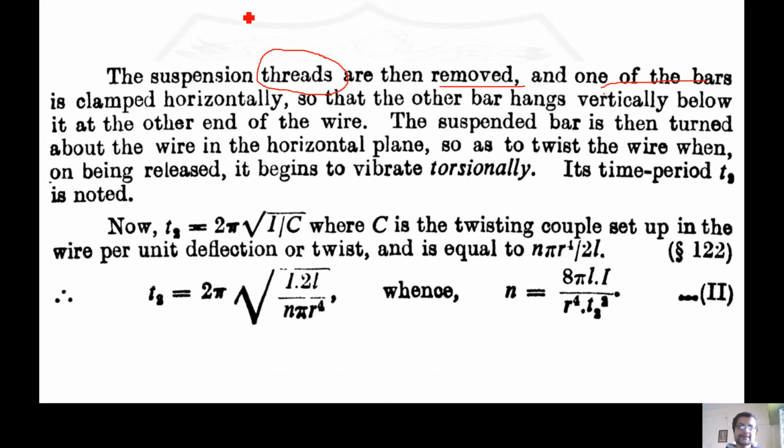So what will happen is that the twisting torque will be generated inside the wire, and that is what twists the wire.